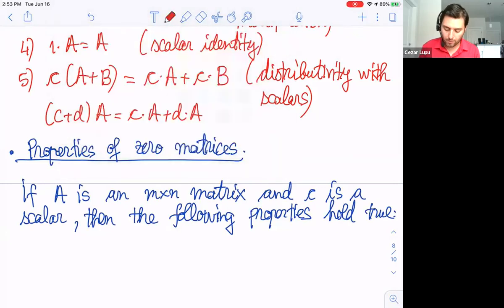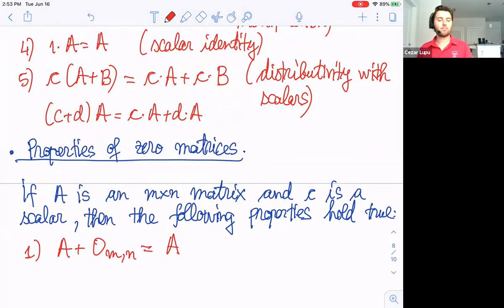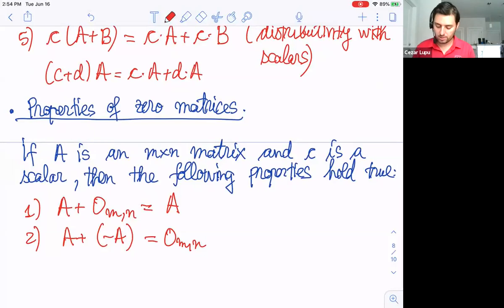The first one is A plus the zero matrix is nothing else than just A. So if you add to A the matrix whose entries are all zero, you get the matrix A. The second one: if we add A to the opposite of A, which, as we have seen, is just multiplying the scalar -1 by the matrix, this gives us nothing else than the null matrix, or the zero matrix.